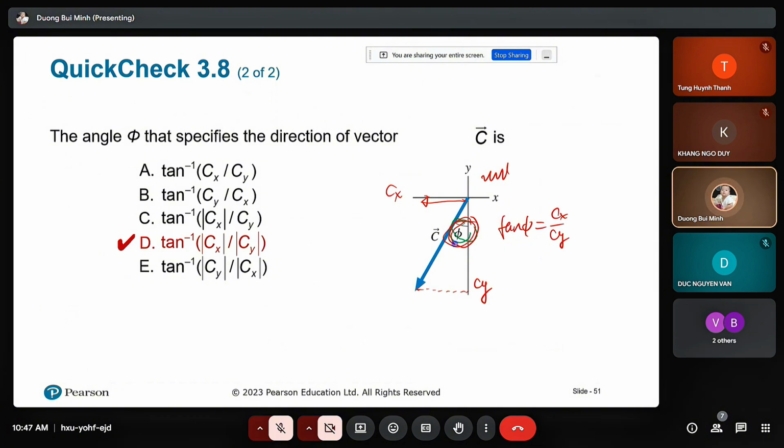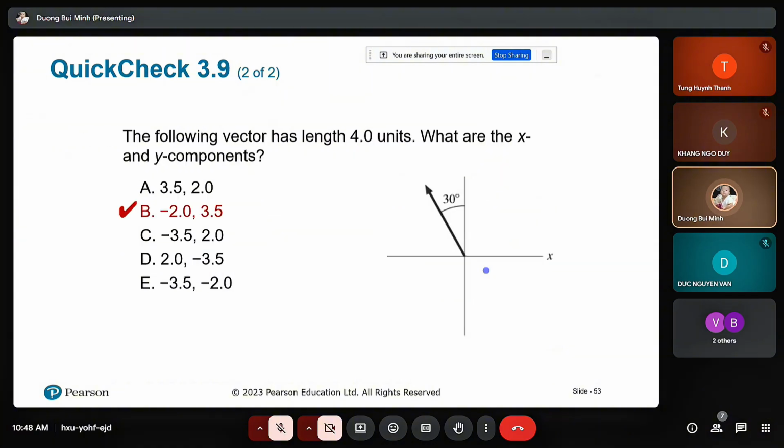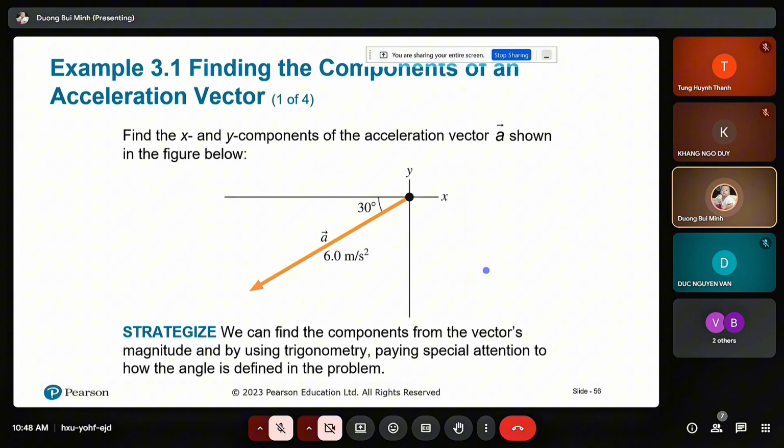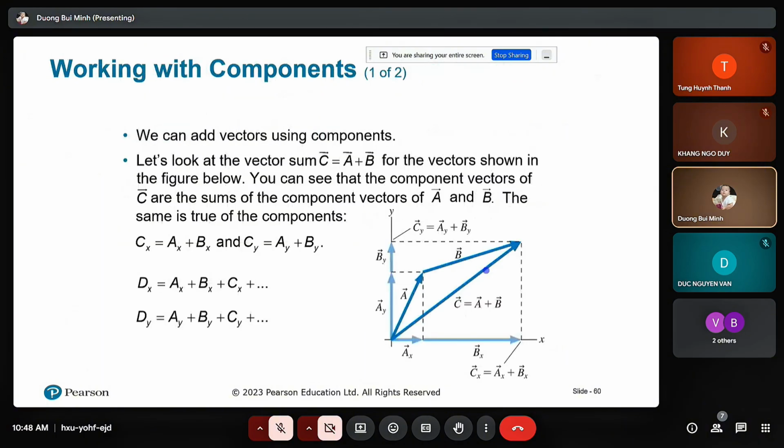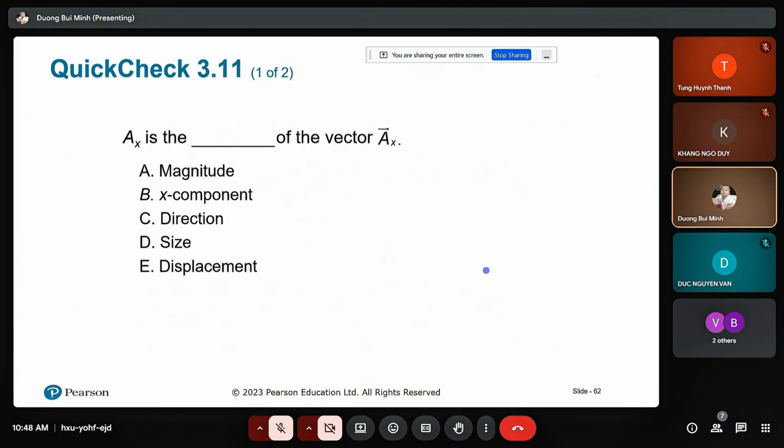Why? Because we only consider this phase angle, so you take the absolute value: absolute value of CX divided by absolute value of CY. Then you calculate the inverse tangent and you can get phi. Very easy, so just skip.